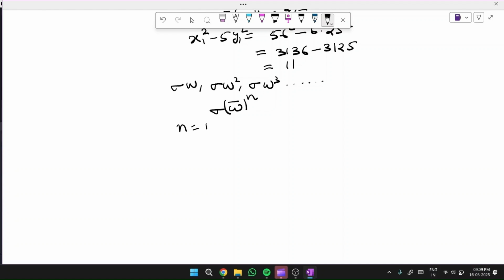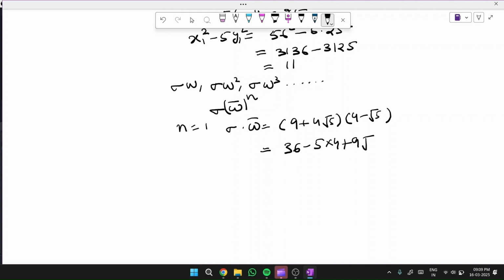Let's say n is equal to 1, then sigma into omega bar is equal to 9 plus 4 root 5 into 4 minus root 5. Let's multiply them and see if we can produce another solution. This is 36 minus 5 into 4, plus 9 root 5 minus 16 root 5, which is equal to 16 minus 7 root 5.